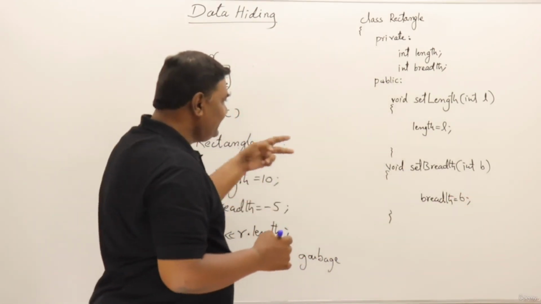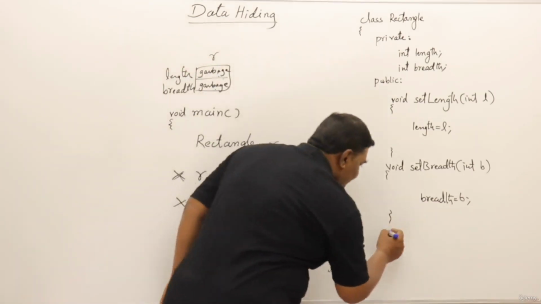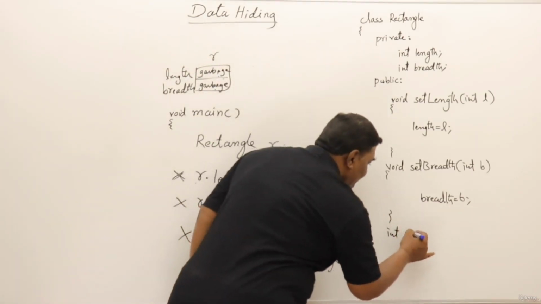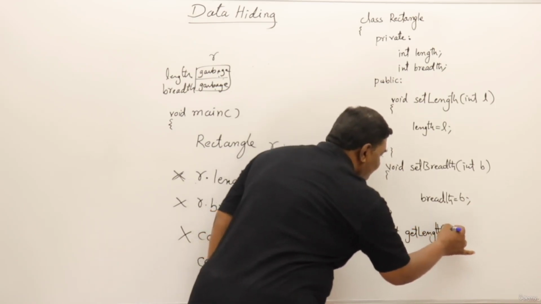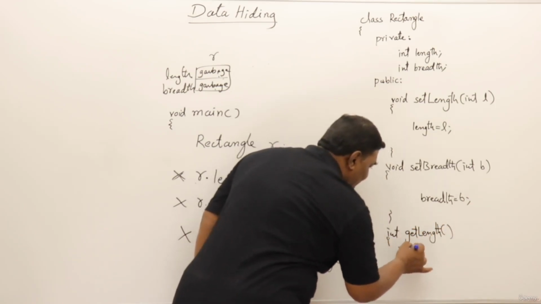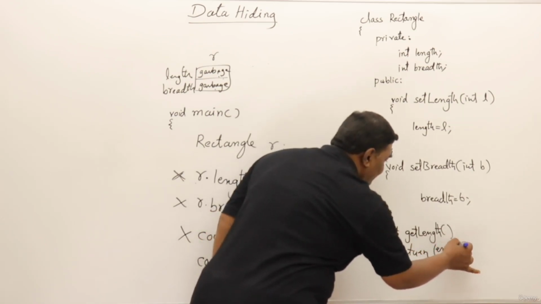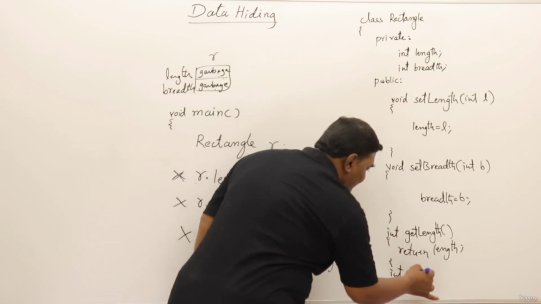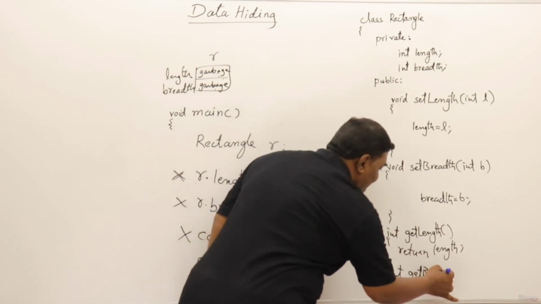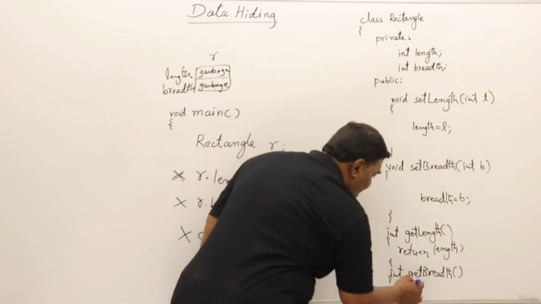These are for setting the values. What about getting the values? So int getLength, which does nothing but return length. Whatever the value is, it will return the value of length. And I should also have a function getBreadth. It will just return the value of breadth.